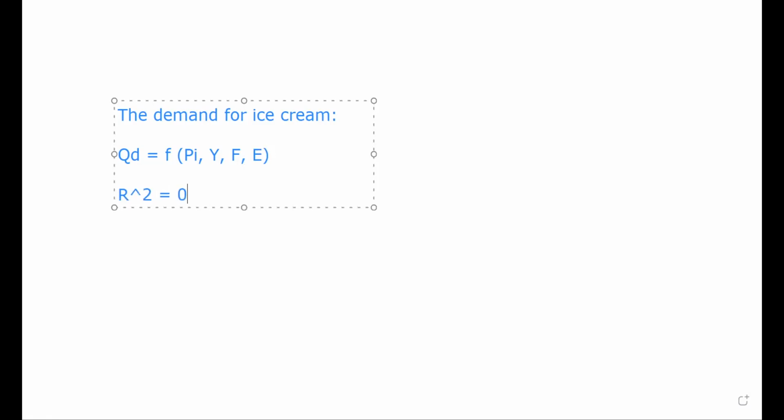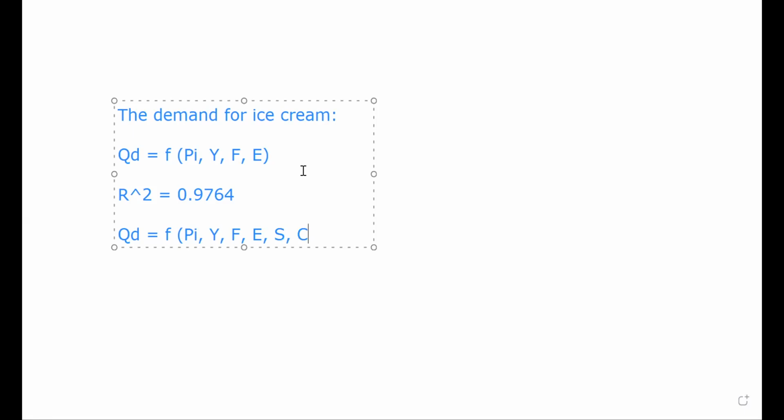For example, 0.9764, and then we run this model again. The demand for ice cream with the same variables as in the beginning, and we add other variables such as the size of your shoes and the color of your clothes, and the R square becomes 0.9912.